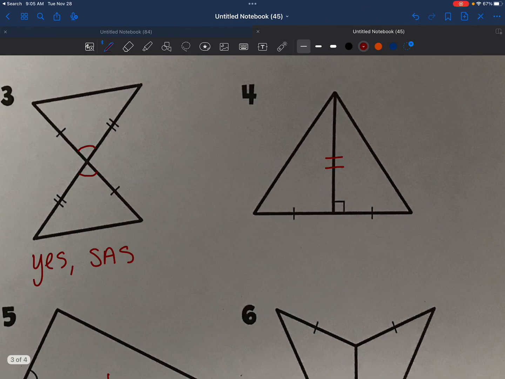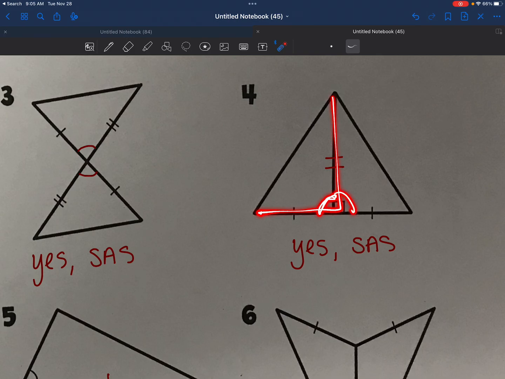Okay, what about number 4? What do I know about this angle right here? Okay, what's happening here? I have a side, an angle, and a side, correct? What about here? Same thing. As long as you can connect your angle in the middle of those two, then it falls under side angle side.